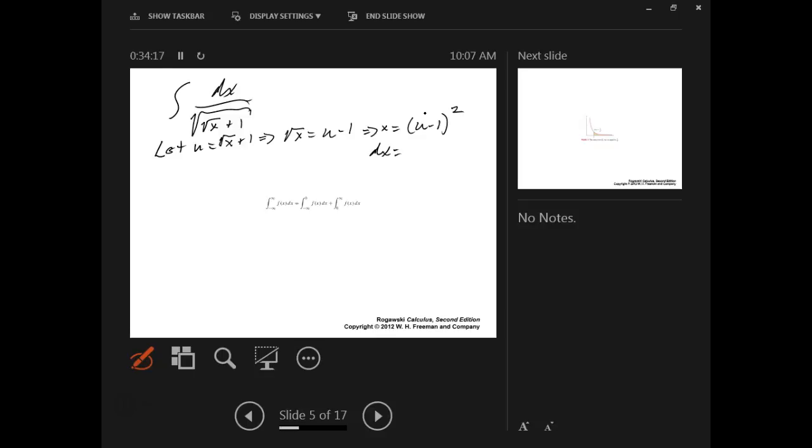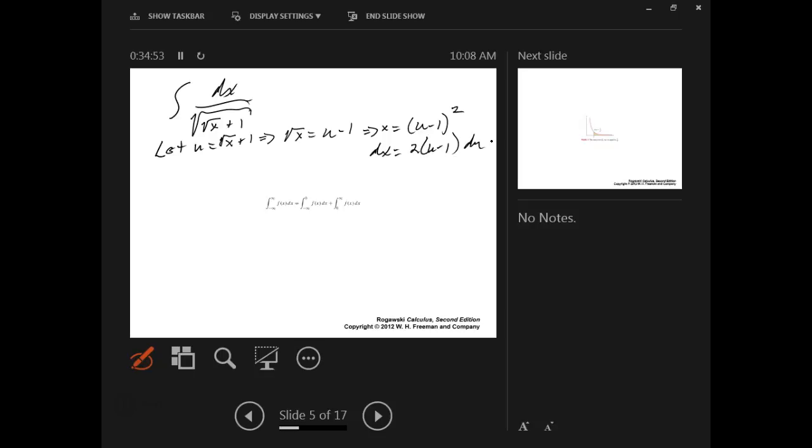Take a derivative of it. What does that give you? If you're taking the derivative of that, what is the derivative of that? 2 times u minus 1, right? 2 times u minus 1 to the first power du. Right?